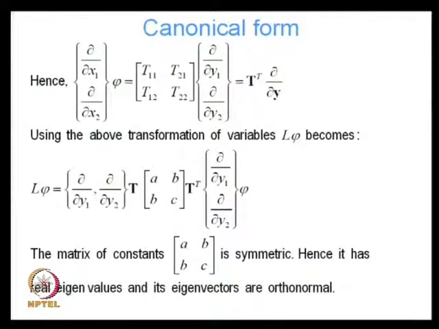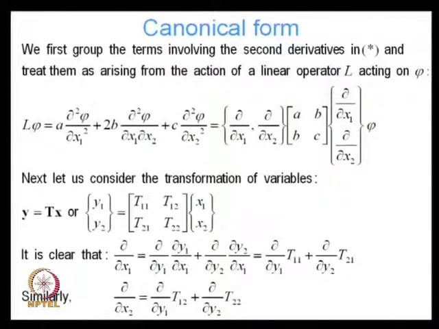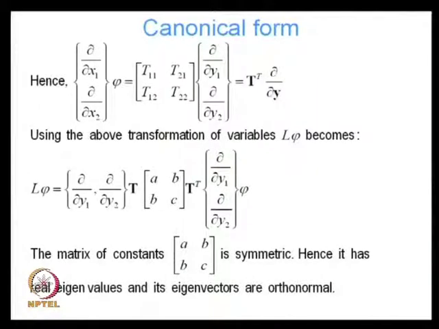If I denote this column vector del del y1 del del y2 as del del y, this is equal to T transpose del del y, because my T had T11 T12 T21 T22, and this matrix has T11 T21 T12 T22. So, I get a relationship between the partial derivatives, right.